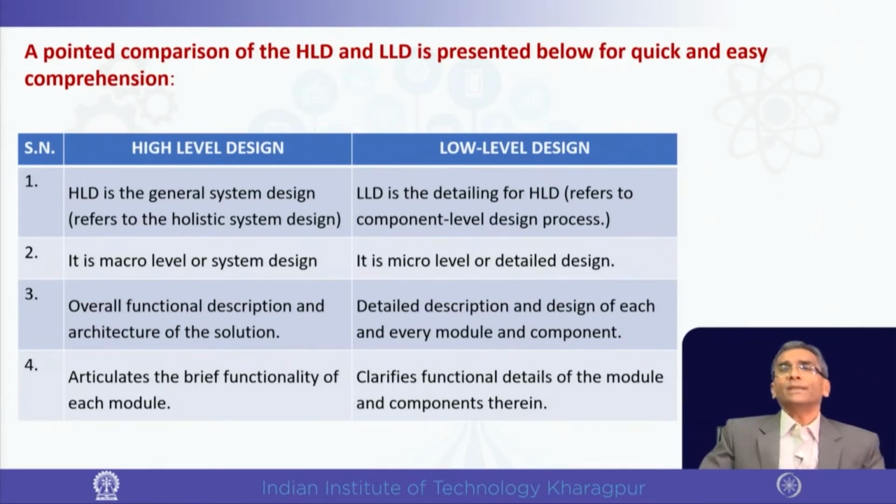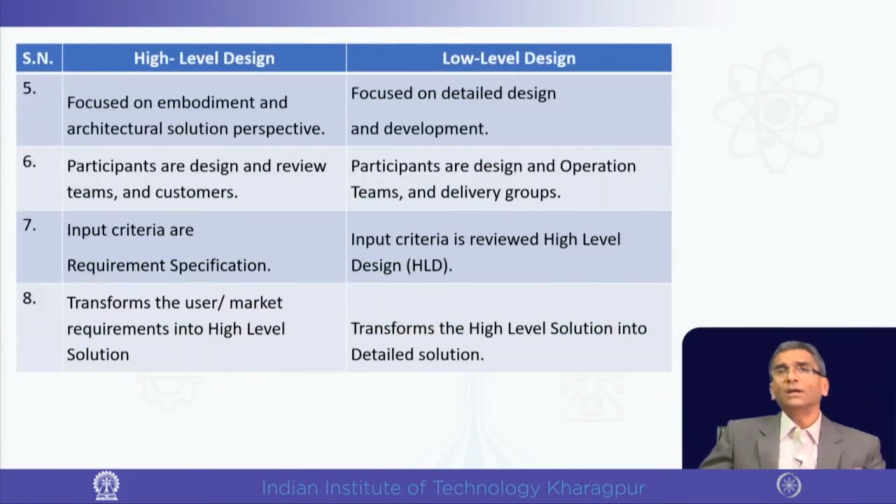The HLD is the overall functional description and architecture of the solution, and the LLD is the module and component level. The HLD articulates the brief functionality of each module, and LLD clarifies the functional details of each module and component. HLD focuses on the architectural solutions perspective, and the low level design focuses on details.